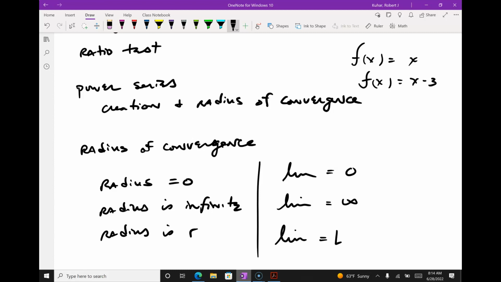Now the center is at 3, right? So if you're interested at a certain value, you can just take your whole series and shift it. I don't bother doing that. So just so you know, when you're looking at problems, if you see a shift, x plus or minus something, they're just moving the center.